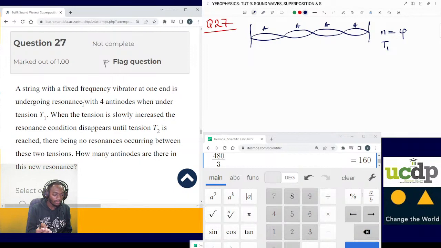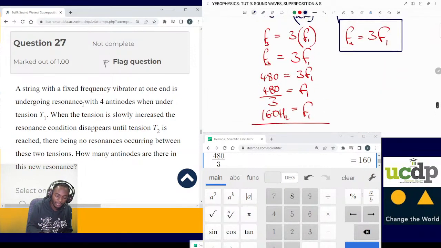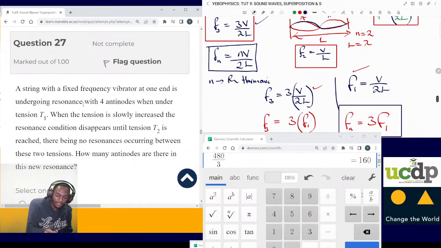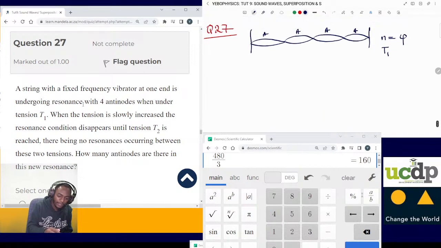So what do we know from the equation that we've been working on, because we're considering a string? We know that Fn = nV over 2L, okay?